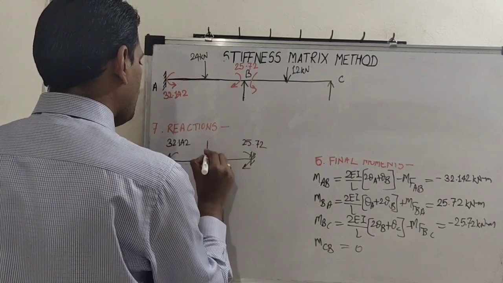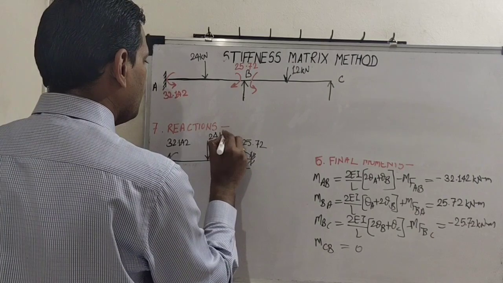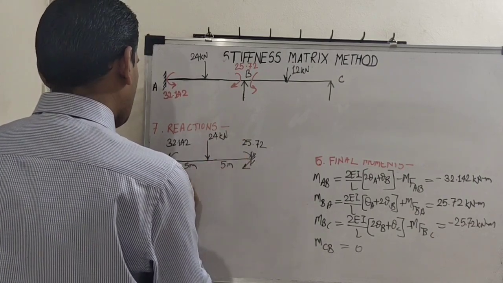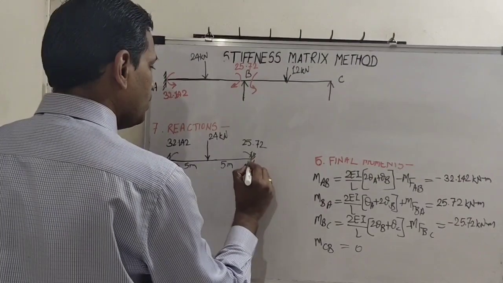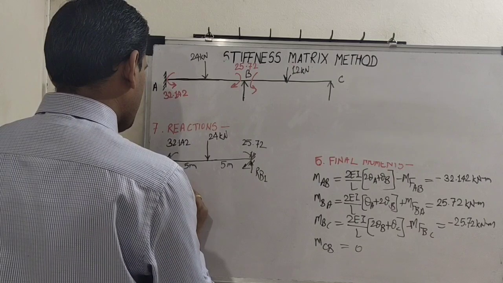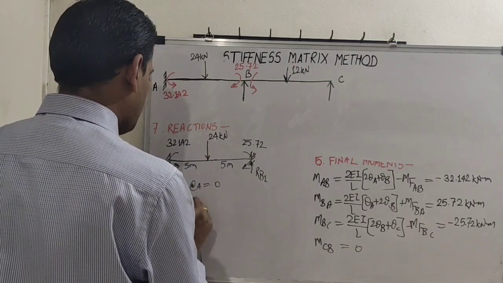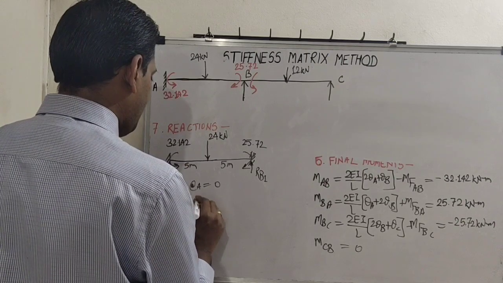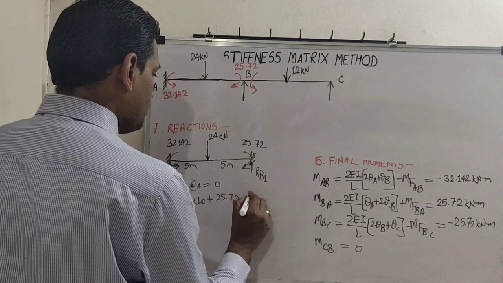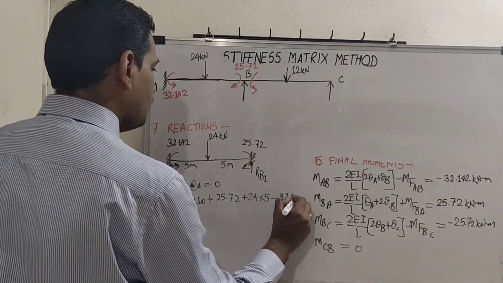Show the external loading. How much is that? 24 kilonewton. So this is 5 meter each, and here are the reactions. Find out these reactions using equations of equilibrium. Simple. Summation of moment about end A is equal to 0. So minus RB1 into 10 plus 25.72 plus 24 into 5 minus 32.142.